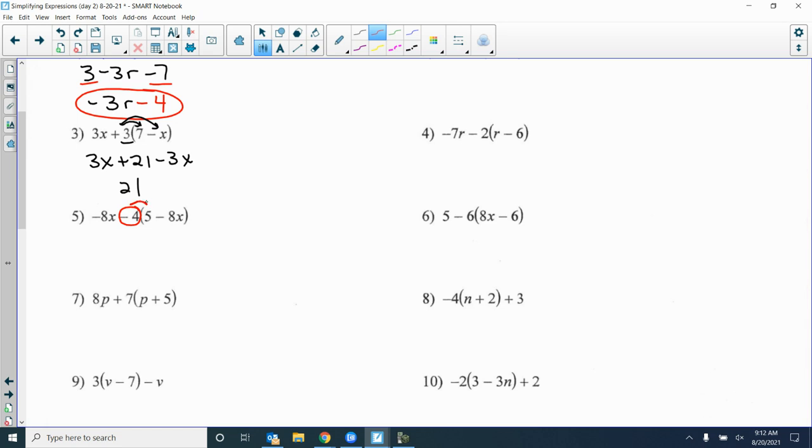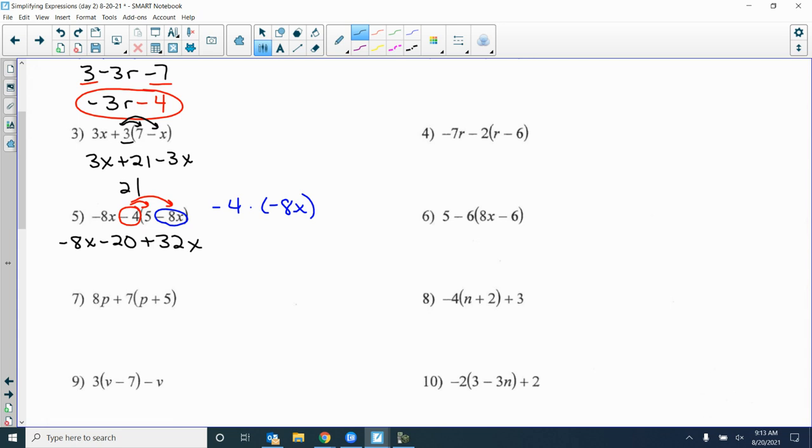All right, let me go through here. I'm not sure how far you are. First, negative 8x does not get affected, because there are no parentheses around that. That's there. So now I've got negative 4 times positive 5. That gives me minus 20. Now you've got to think of this as a negative 8x in that second part to make sure you get this correct. So you've got negative 4 times negative 8x. That's going to be a positive 32x.